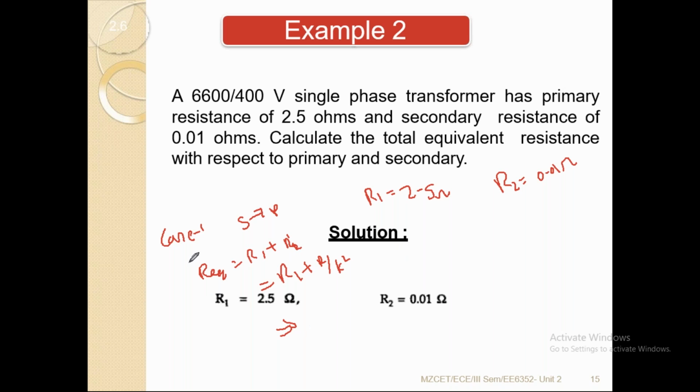Find the value of Req. That is case one, when secondary is shifted to the primary, the backward step. So here R1 is 2.5 plus 0.01 divided by K square. What is the value of K here?